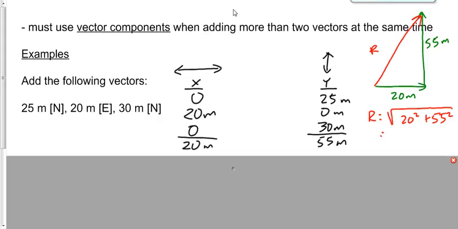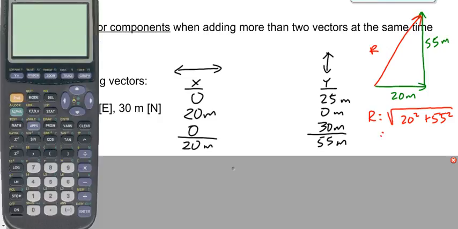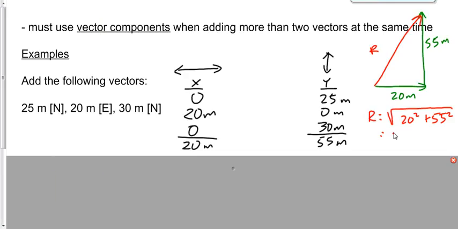Let's do that one on a calculator just to make sure we're on the right track with that. We're going to say 20 squared plus 55 squared. Let's square root that. 58.5 or 59. So 25 plus 20 plus 30 in this case ends up equaling 59 meters.